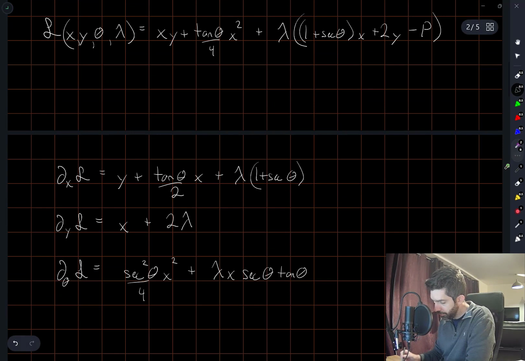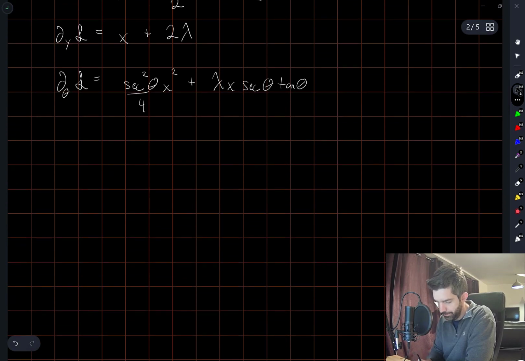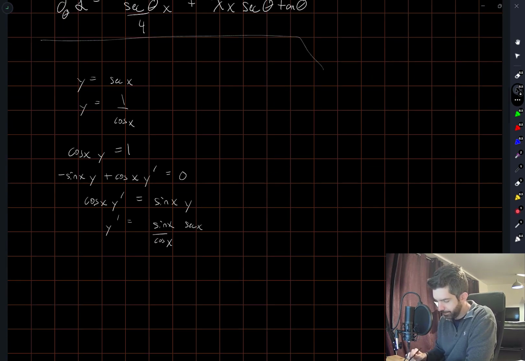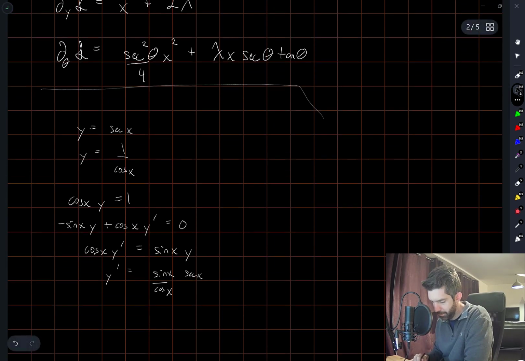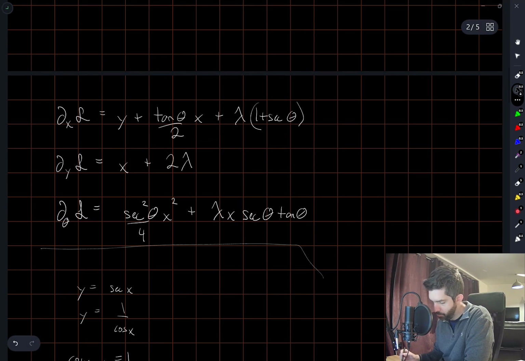I'm pretty sure this is the derivative of secant theta. The derivative of secant theta is just secant tan. Just so I don't end up carrying a mistake through this, I'm going to derive that right now separately. This is a completely separate thing that I'm working on here. Yeah, so the derivative of secant is secant times tan.